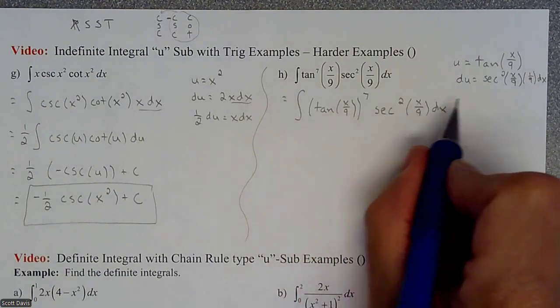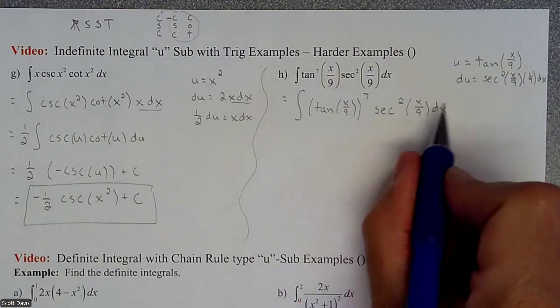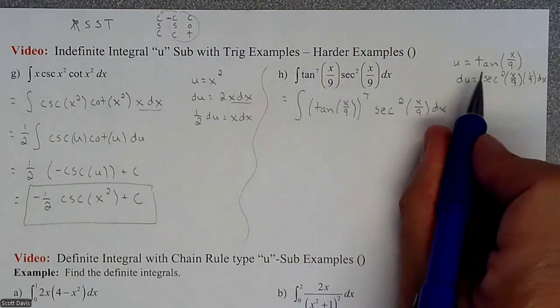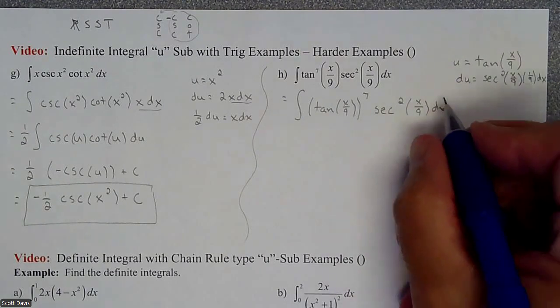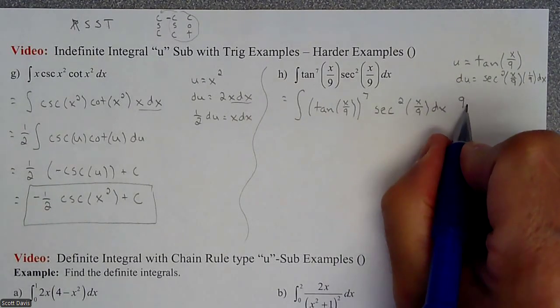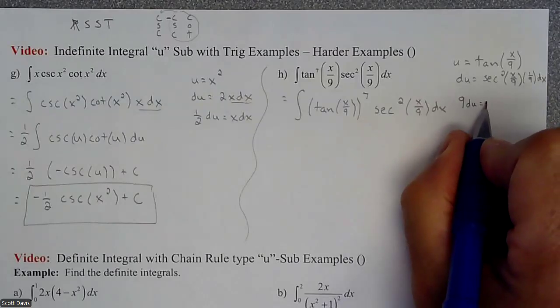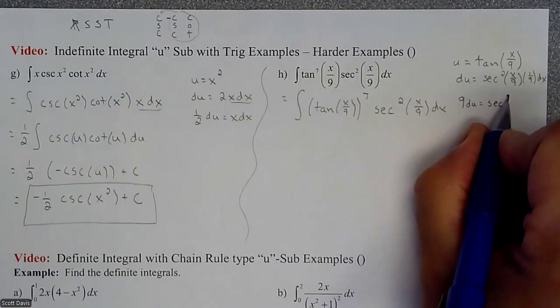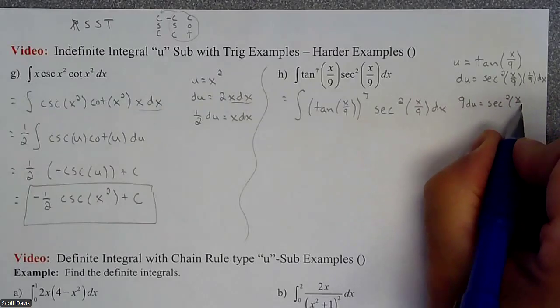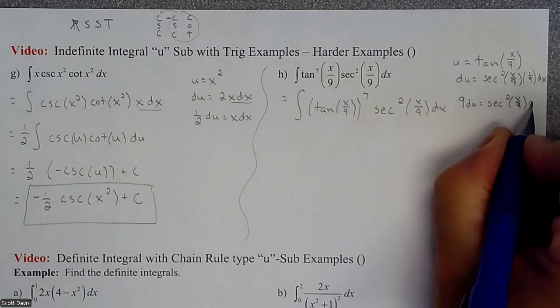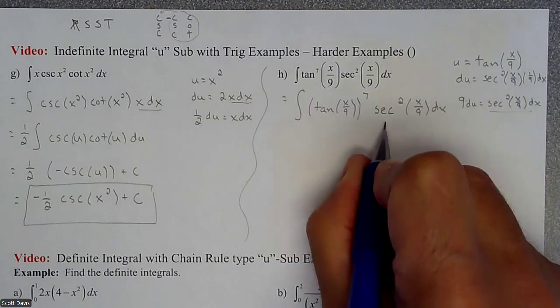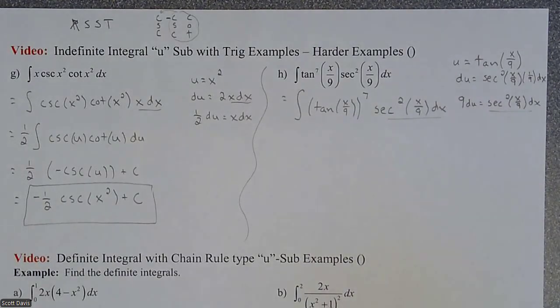So I'm trying to isolate secant squared dx, which means I need to multiply a 9 over to the other side. So 9 du is equal to secant squared x over 9 dx. So that matches that. Perfect.